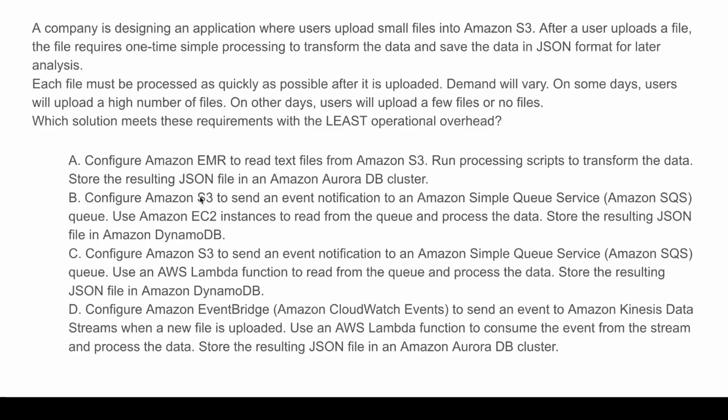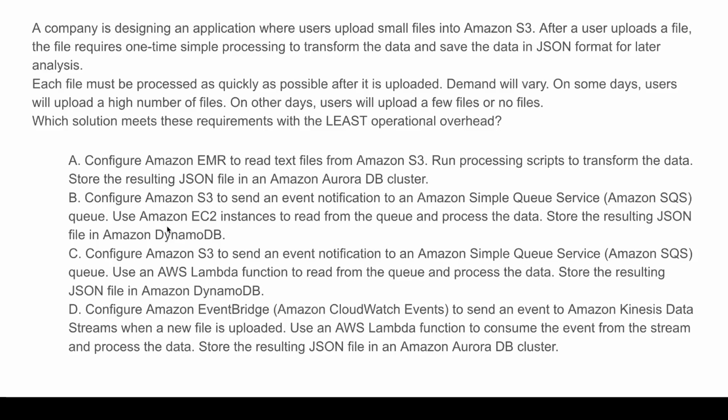Option B configures Amazon S3 to send an event notification to an Amazon SQS service. Now, this is very great because using a queue in this scenario is very fitting because you have variable demand, so you don't know when you're going to have very high demand and when you're going to have very low demand, and having a queue here will make sure that you don't lose anything because of demand.